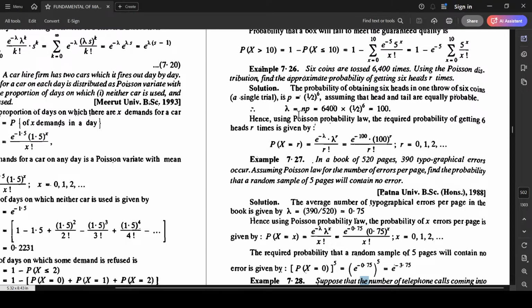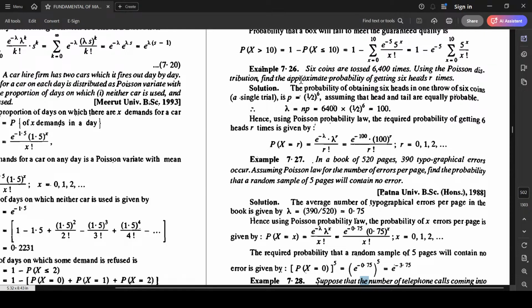Wait a minute. It is 0.015. I was wrong here. Okay, so half, six times.